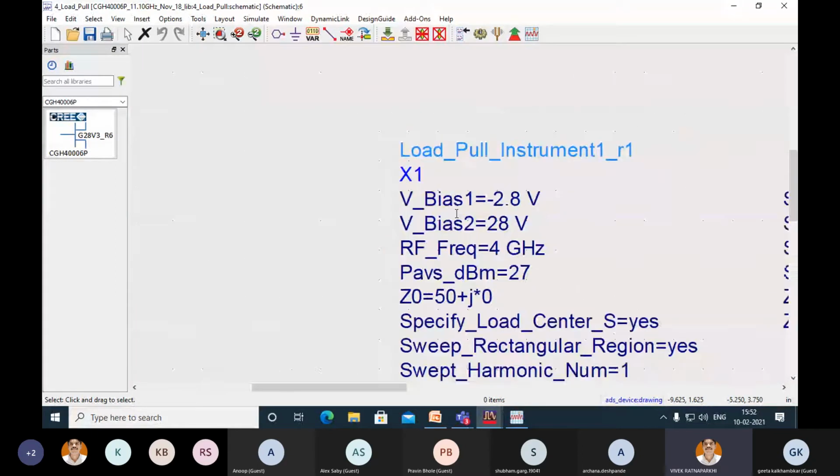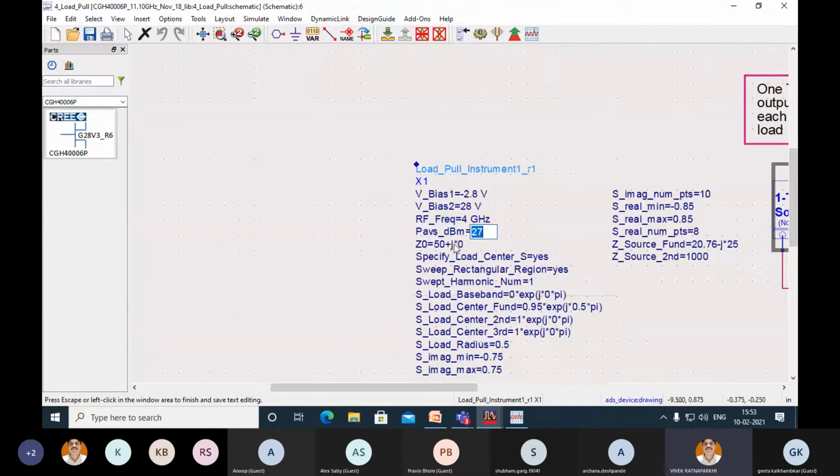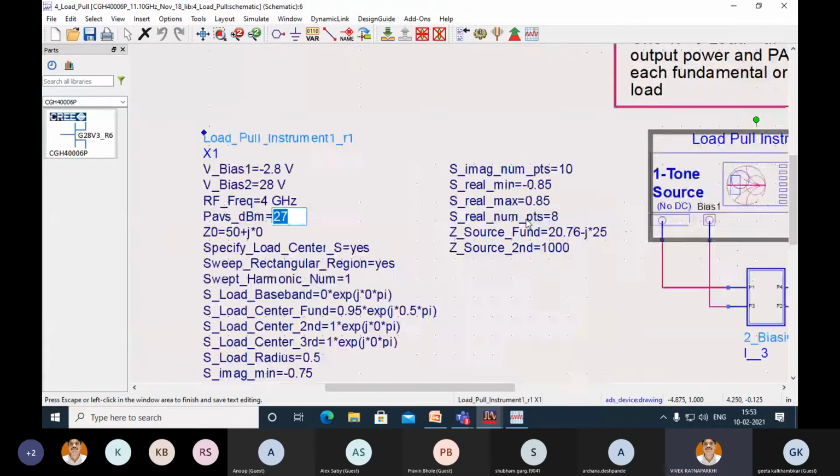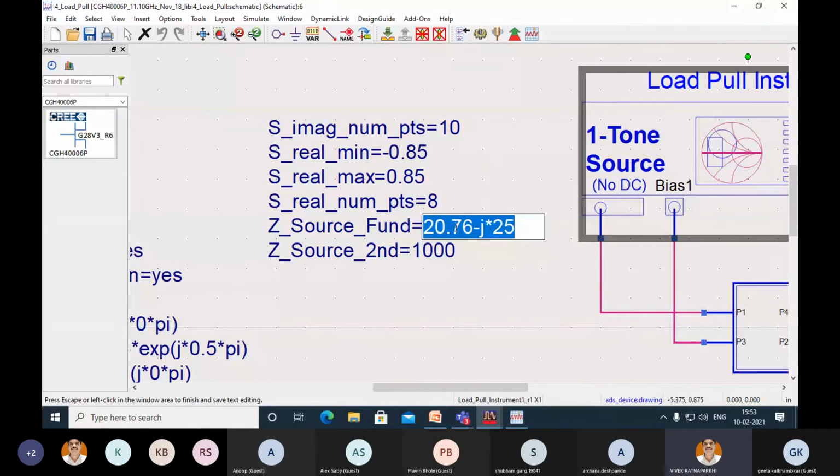Now bias voltage: V bias 1 is the gate, minus 2.8, V bias 2 is the drain, 28 volt, RF frequency 4 gigahertz. We have to specify some input power, let us say 27 dBm I have given, characteristic impedance 50, and now you have to specify some fundamental source impedance. So I have taken 20.76 minus J25, or even you can start with 5 plus J10, kind of arbitrary.